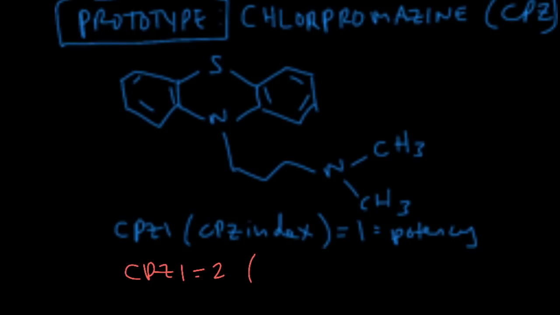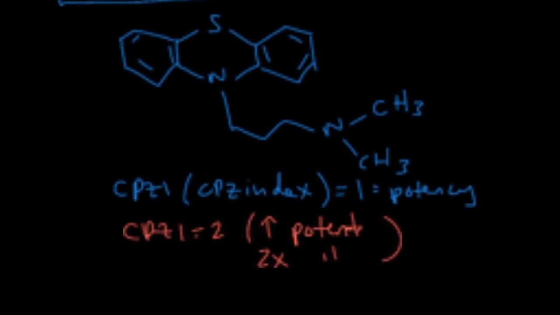It's more potent, specifically twice as potent, because it has a greater CPZI than chlorpromazine. Likewise, a CPZI of 0.5 is half as potent.